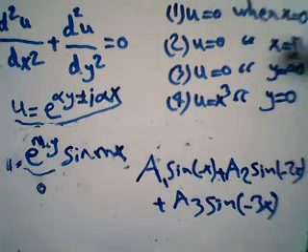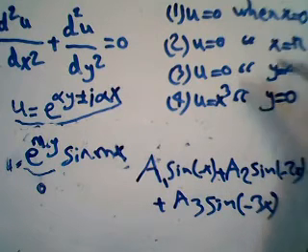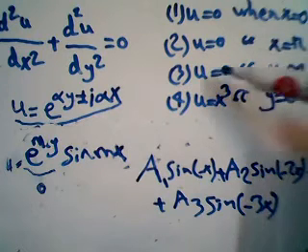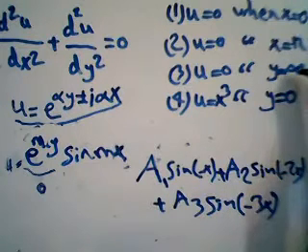And what about these conditions? If you put x equal to 0, you get 0. If you put x equals pi, you get 0, because all of the sines would be 0.